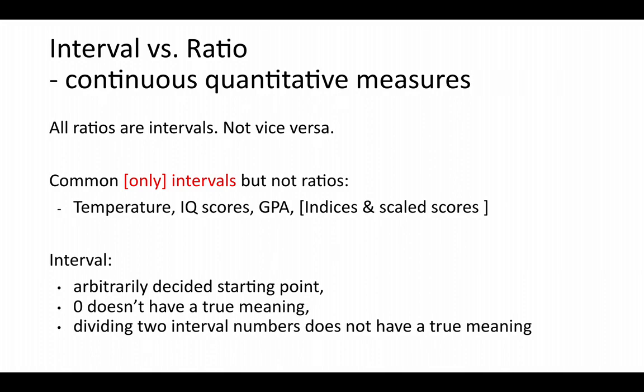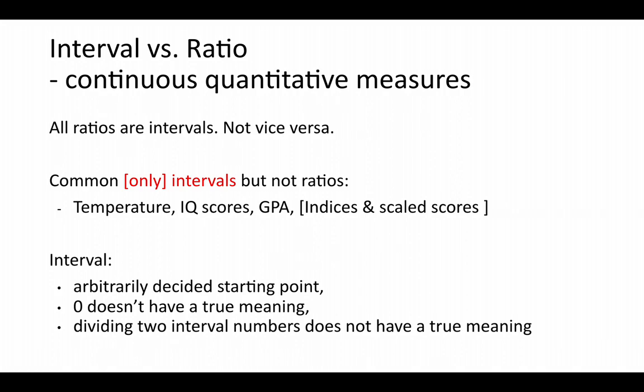Even for instance, IQ scores. You cannot have a 0 IQ score, but 0 in an IQ score does not have a true meaning. It's meaningless, because there's no 0 in IQ scores.